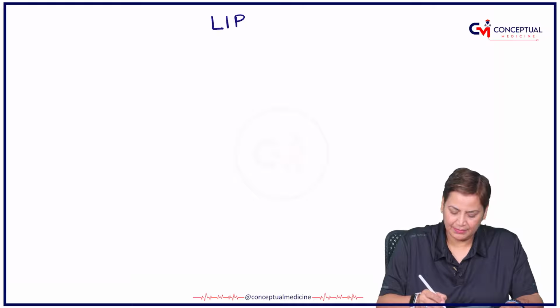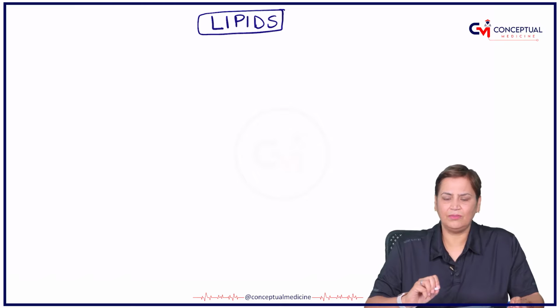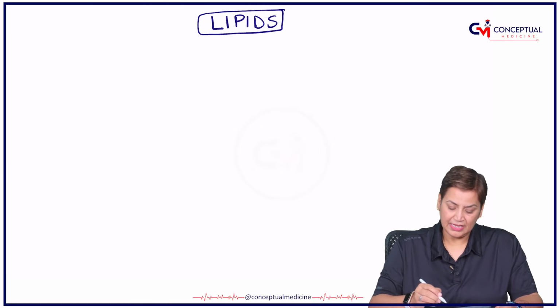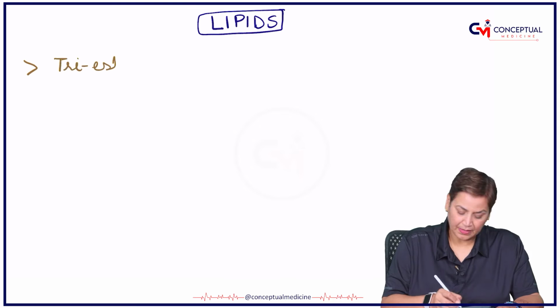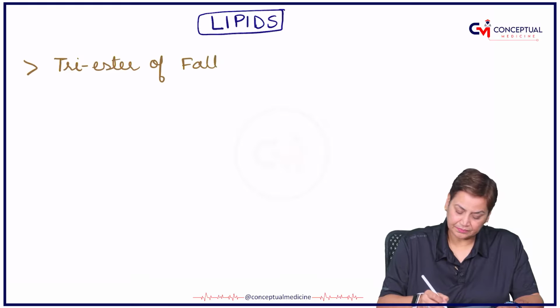Fats or lipids. By different names we refer to these lipids. First of all, how do we define a lipid? A lipid is actually a triester of fatty acid and glycerol.